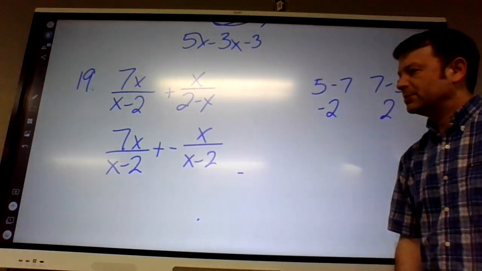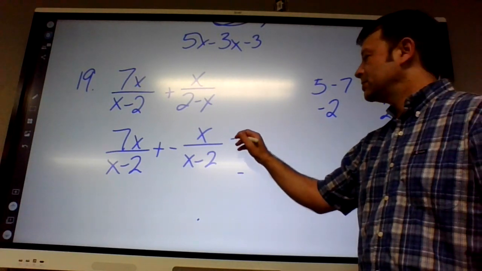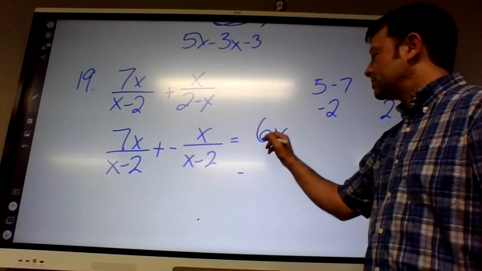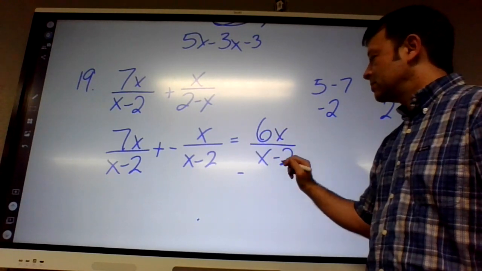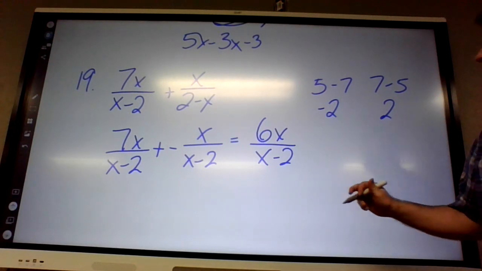Kind of like that. So it's 7x plus negative x, which is 6x. Does that reduce? No.